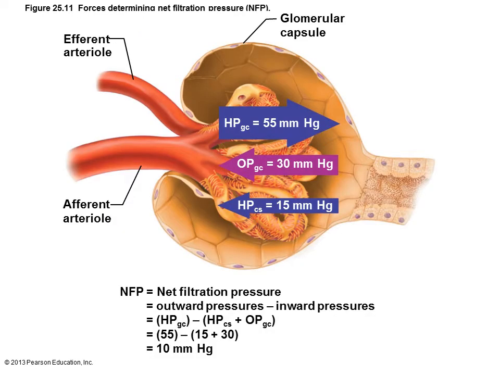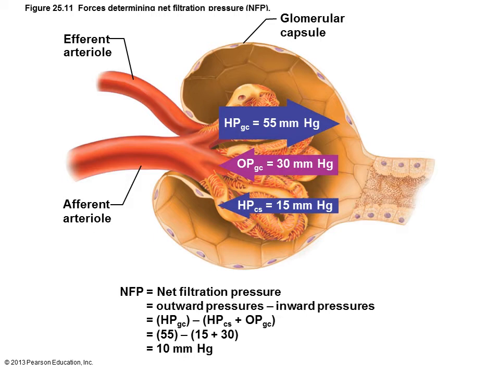The net filtration pressure is determined by the outward pressure, which is the hydrostatic pressure, meaning the blood pressure, the moving pressure, which is about 55 millimeters of mercury, and then the inward pressure, which opposes that force and blocks the filtration. That is the hydrostatic pressure in the capsular space and also the osmotic pressure in the capillaries.